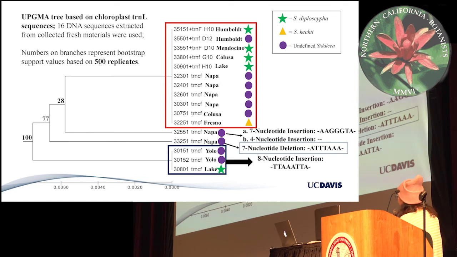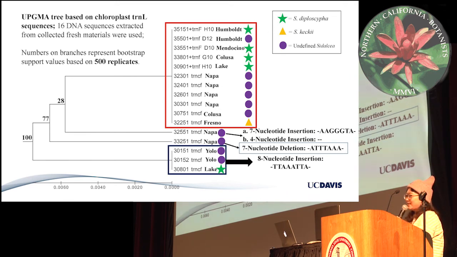You can see those 3 individuals at the bottom, they all share the same insertion, which is really weird because they're supposed to belong to 2 different groups based on the ITS sequence analysis and morphological analysis. And they were sampled from 2 different counties.